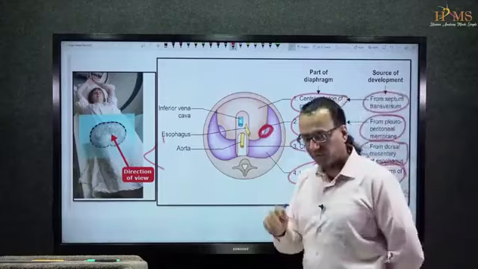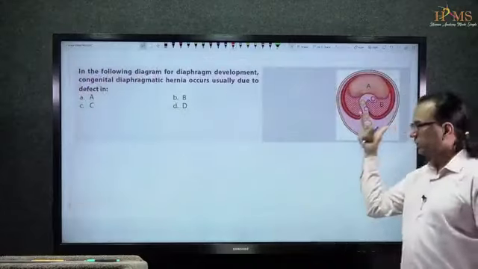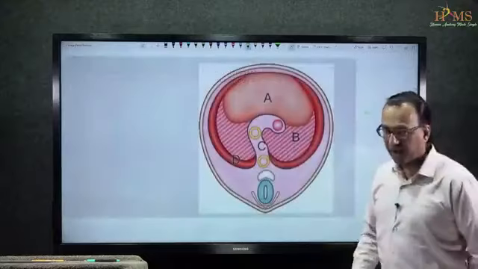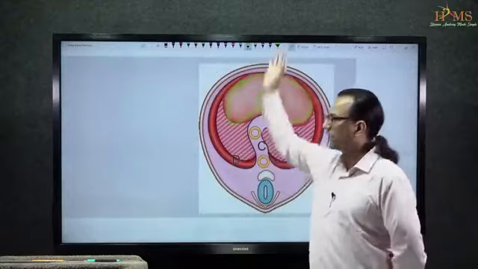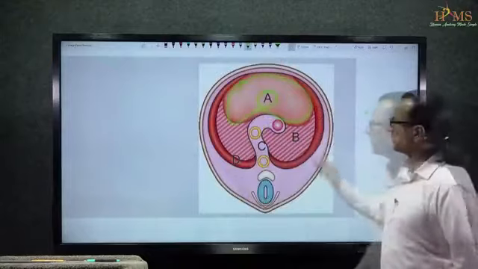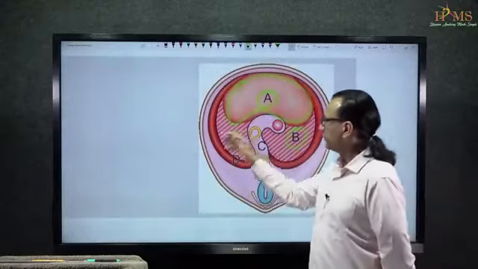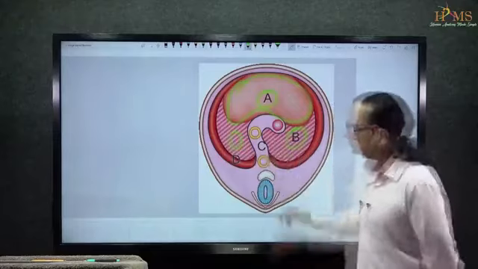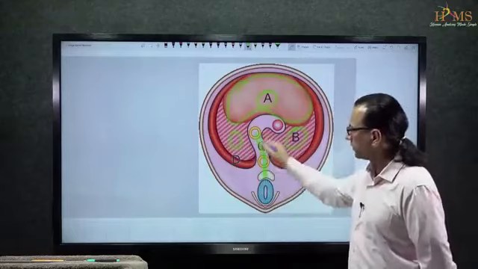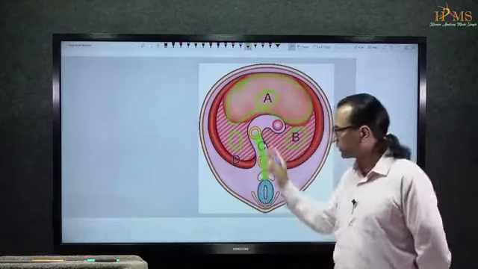That should be our answer as such. So we can go back to our question now, and zoom into this area. As is evident, marker A is the septum transversum forming the central tendon of the diaphragm anteriorly. Marker B is the pleuroperitoneal membrane, forming some part of the diaphragm. Marker C is the dorsal mesentery of the esophagus forming the crura of the diaphragm.